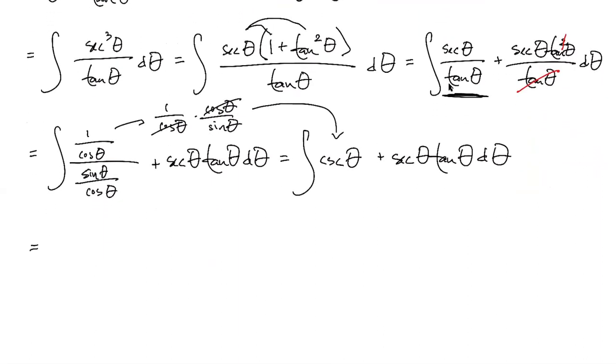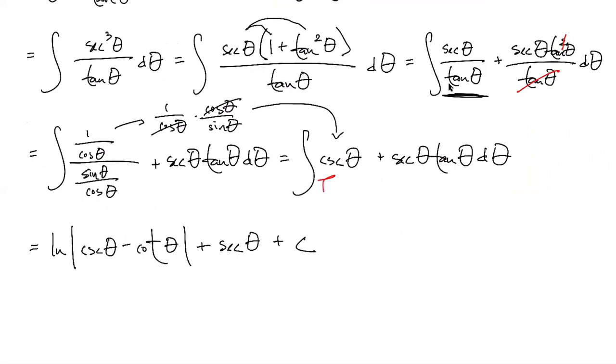The integral of cosecant, if you look at a table, is the natural log of cosecant theta minus cotangent theta, plus the integral of secant theta tangent theta, which is secant, and then we have our plus c, okay?